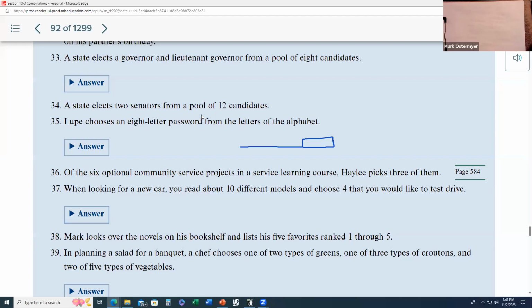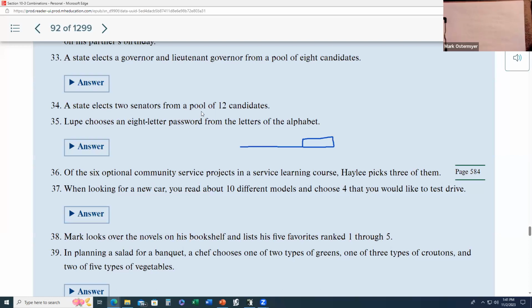Same or different? What do you think? Or if you switch the order, do you think the 8-letter password A, B, C, D, E, F, G, H is the same as B, A, C, D, E, F, G, H? Same or different? What do you think?